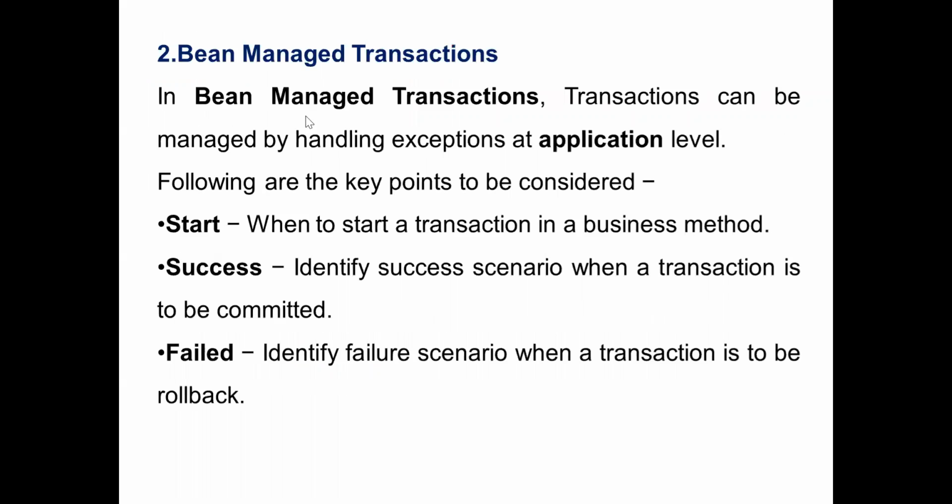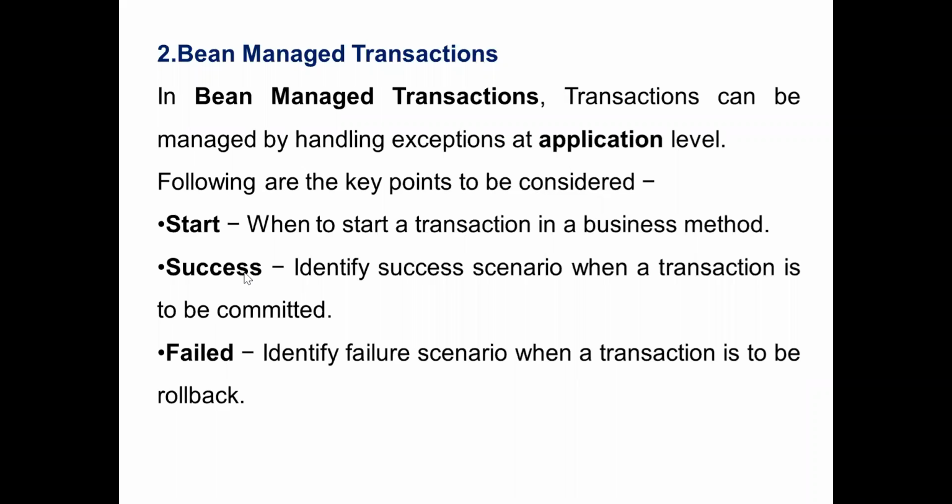And the second one is the bean managed transaction. Bean managed means the developer can code the lines of the business method. So a bean managed transaction can be managed by handling the exception handling at the application level. Some of the key points to be considered are start, success, and failure. Start means when to start a transaction in a business method.